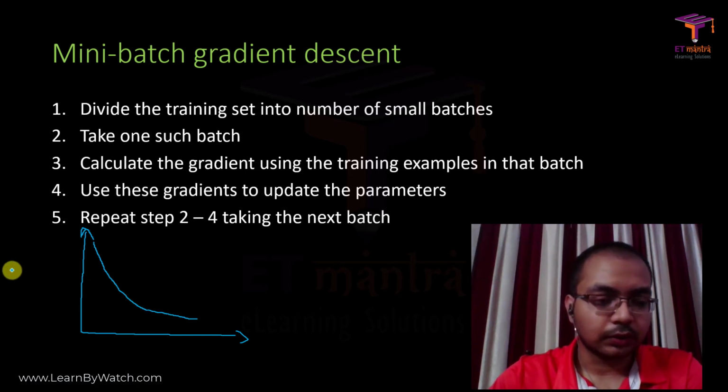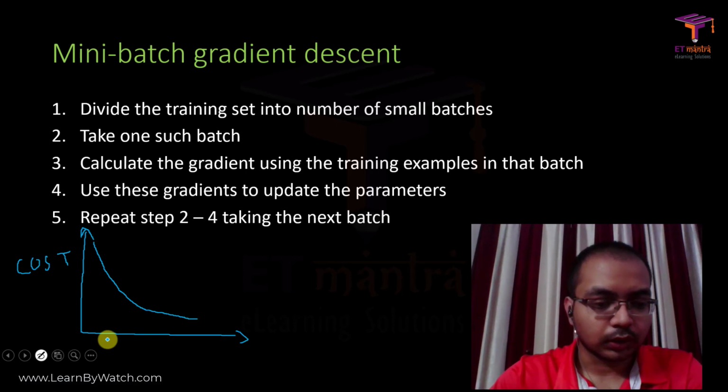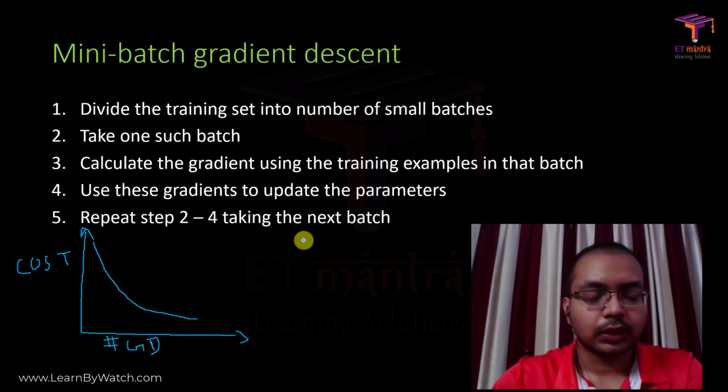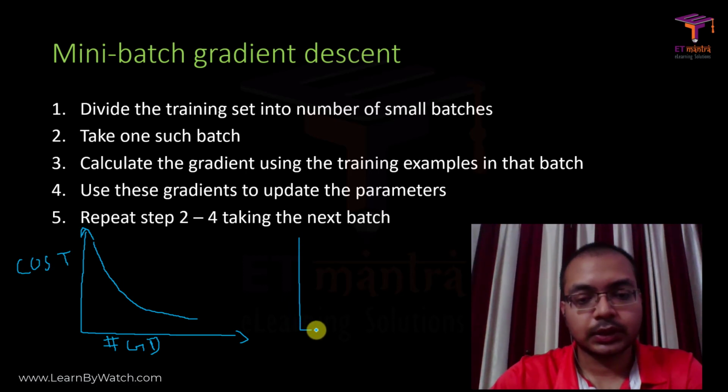The smooth curve, where this is the cost and this is the number of times we perform the gradient descent. So as we keep on doing the gradient descent, the cost function keeps on decreasing, and this is a smooth function.